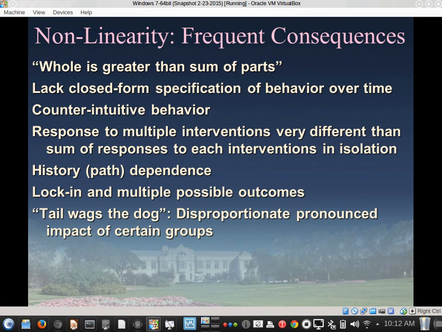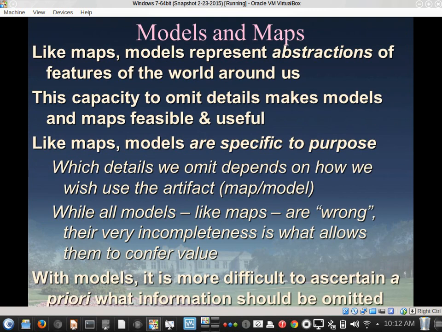If you take two interventions and you evaluate the gains from each intervention, intervention A, intervention B, in isolation, and then you consider the results of combining them together, you may see results that are greater than or less than the results of the sum of each in isolation.